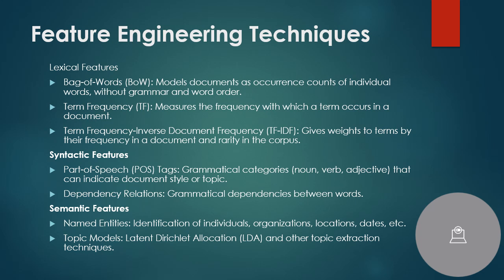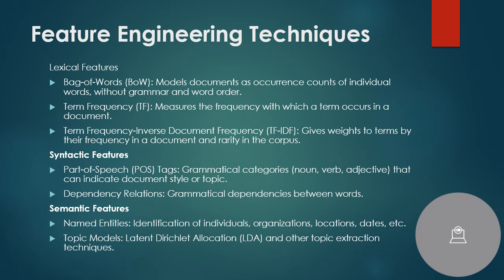Second technique, syntactic features. Here we have part of speech, grammatical categories of words that can indicate document style or topic, dependency relations, grammatical relations between words in a sentence, parse tree features, information extracted from the syntactic parse tree of a sentence.